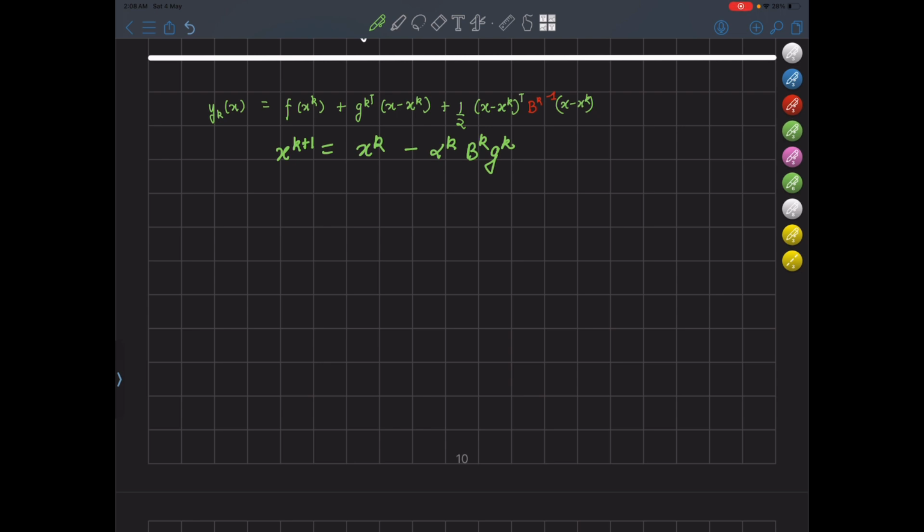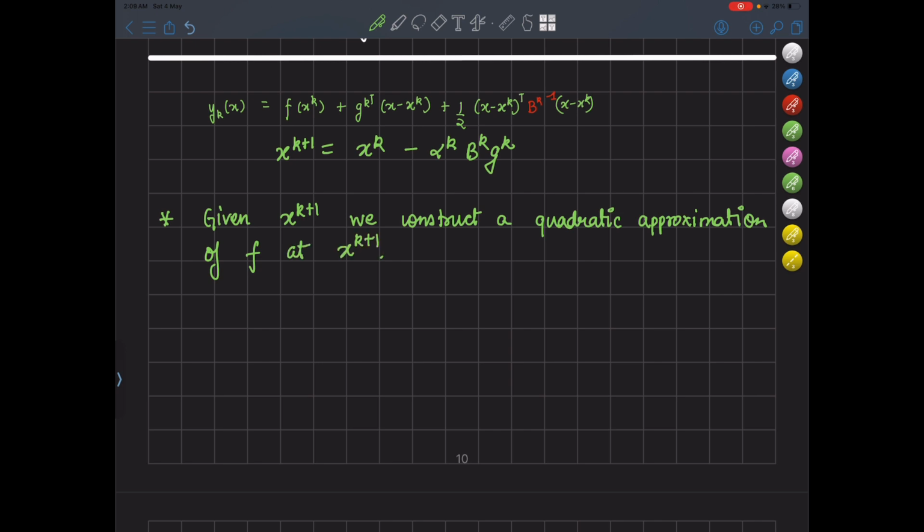Now given xk plus 1, we construct a quadratic approximation of f at xk plus 1. So now we try to make a quadratic approximation of the function at xk plus 1, which will be similar to this at xk only.